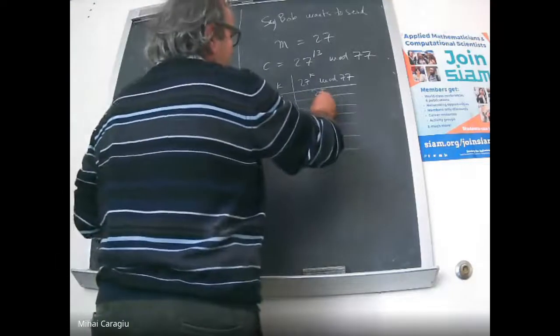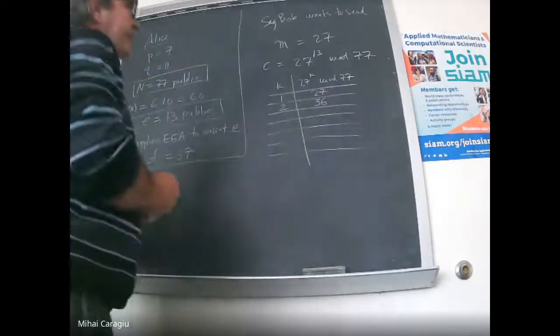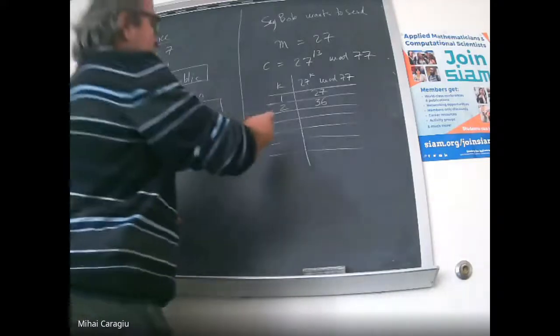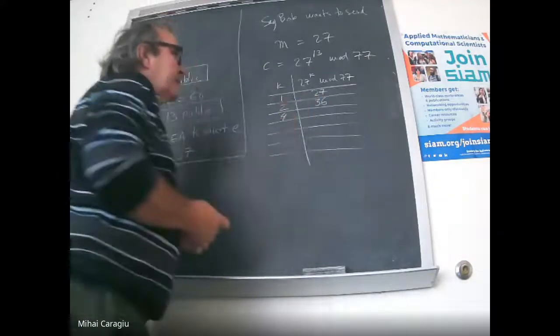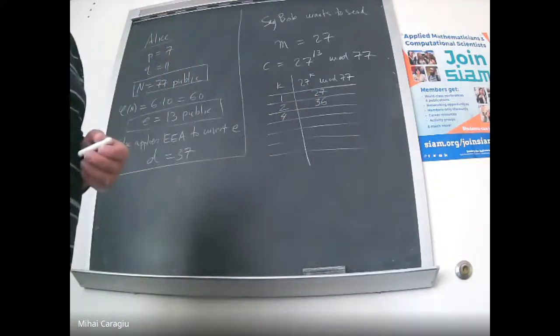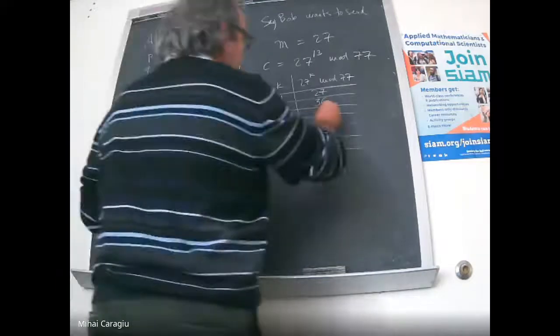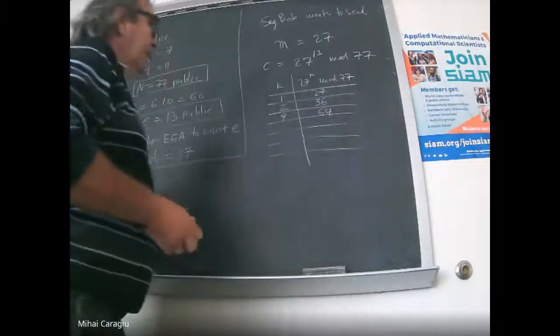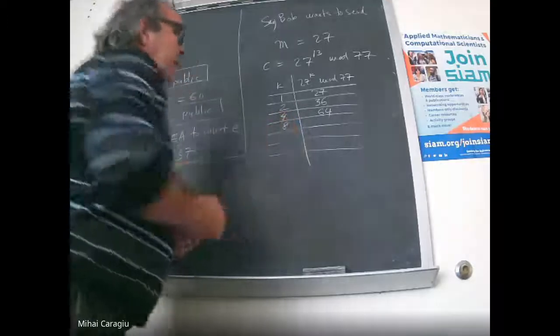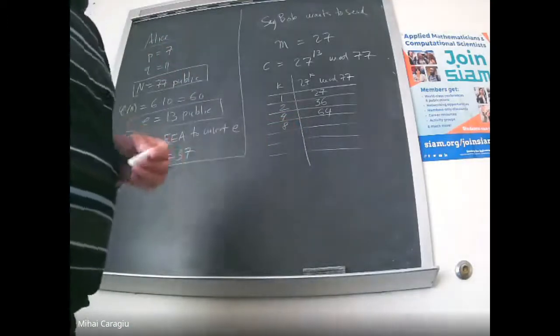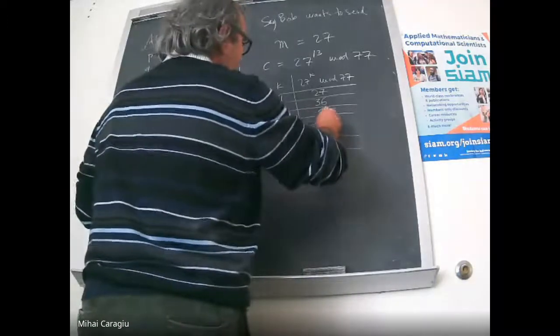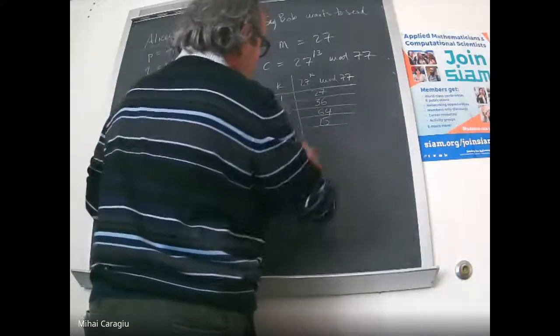You should verify everything here, because I did the calculation myself. So double, and then square to 36. 36 squared modulo 77 is 64. Then finally double, and 64 squared modulo 77 is 15. We are done with this part.